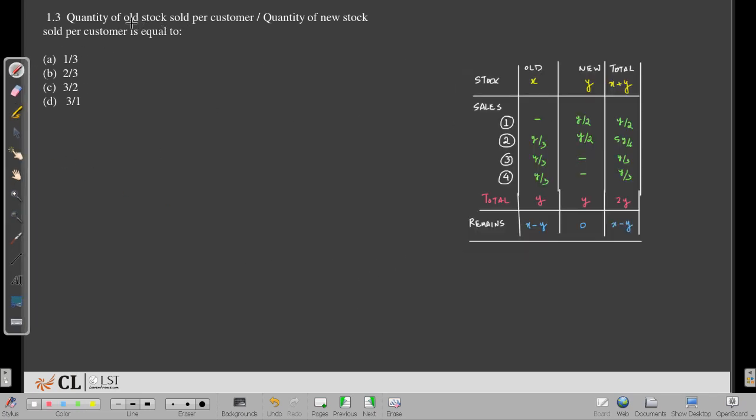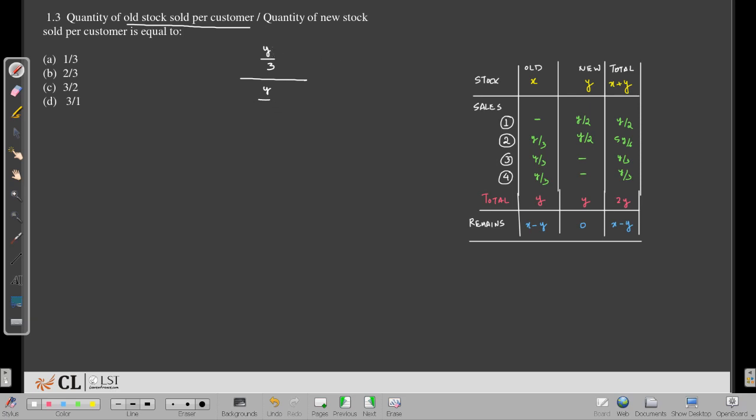Quantity of old stock per customer. We already got that information in terms of the same variable. The old stock per customer is y by 3. Each of the customers got y by 3. The quantity of new stock per customer is y by 2. So we need to figure out y by 2 divided by y by 3.